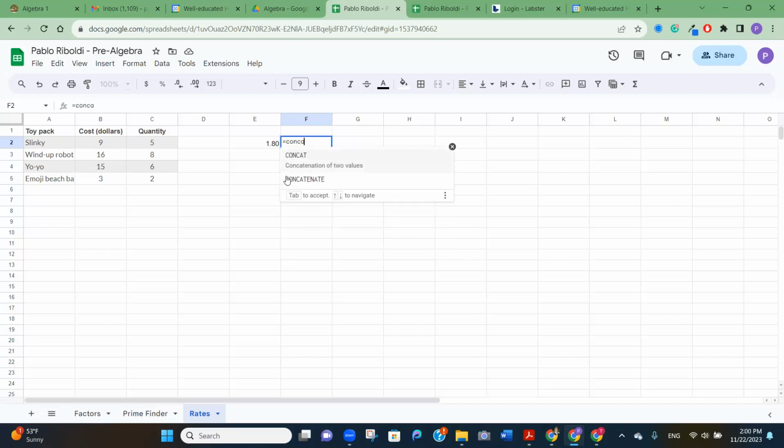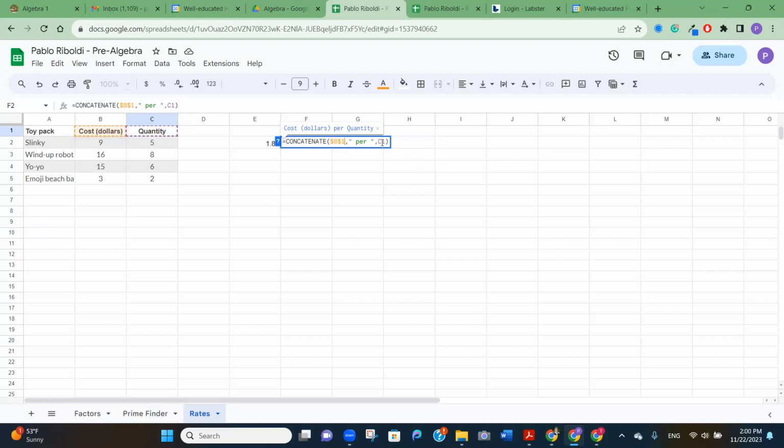I'm going to put cost, and then comma, double quotes, space, per, space, double quote, comma, and then the quantity here. And then close the parentheses.